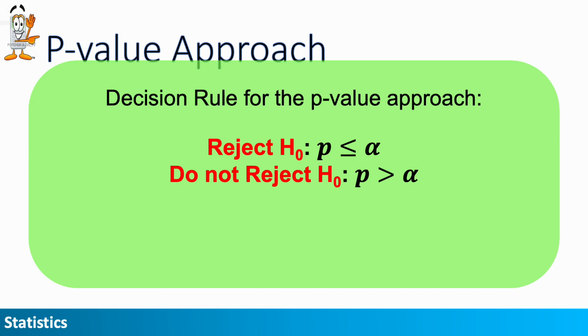The only way is for you to reject the null hypothesis. Again, if the p-value is less than or equal to alpha, that means you're going to reject the null hypothesis. If it is greater than alpha, then that means you're going to not reject the null hypothesis.